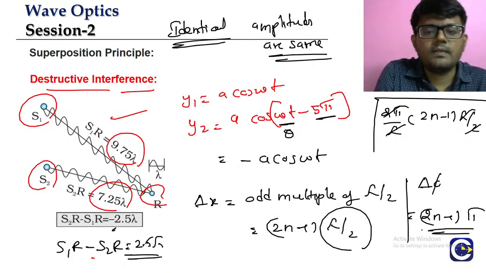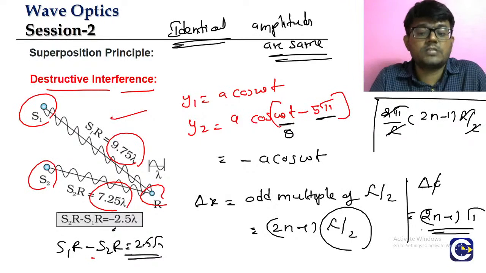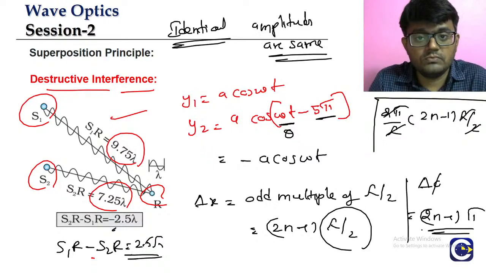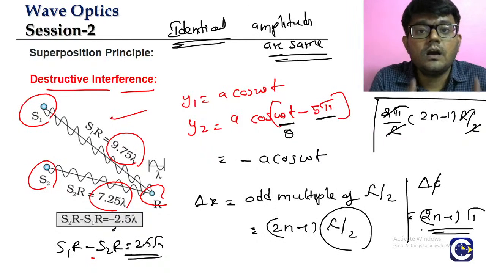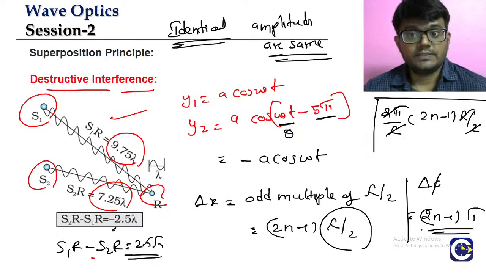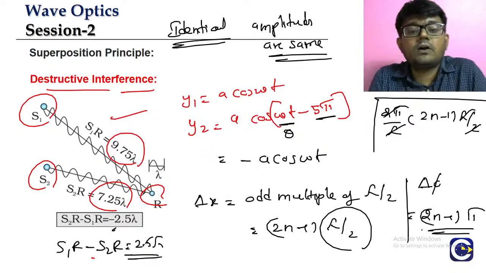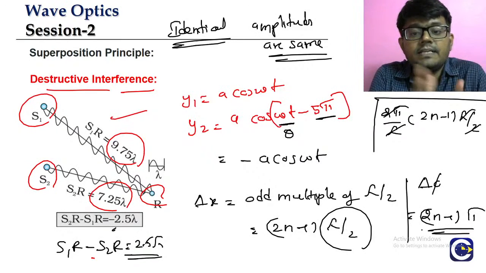So either we say it in terms of path difference, an odd multiple of lambda by 2, or in terms of phase difference, an odd multiple of pi. In those cases we get destructive interference.